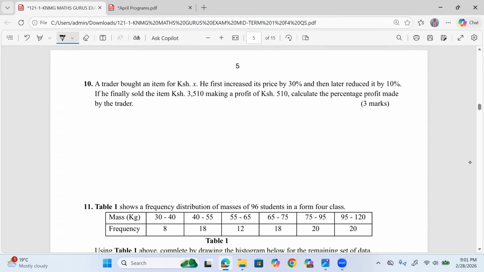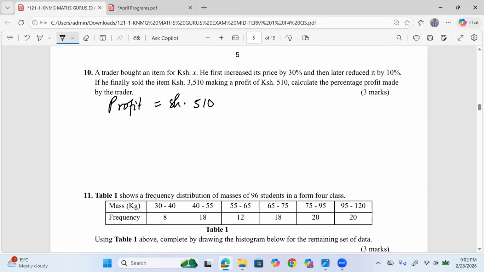How do we get percentage profit? We need the profit itself out of the buying price expressed as a percentage, that is multiplying by 100. So we have the profit as 510 Kenya shillings. Then do we have the buying price? We have the selling price.